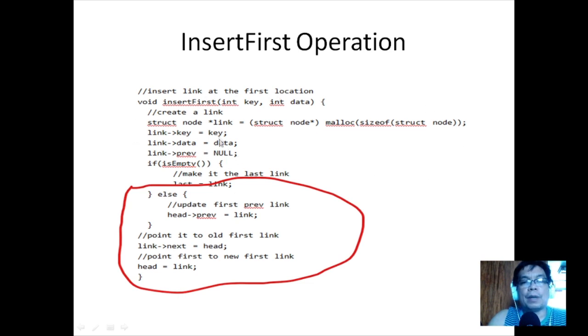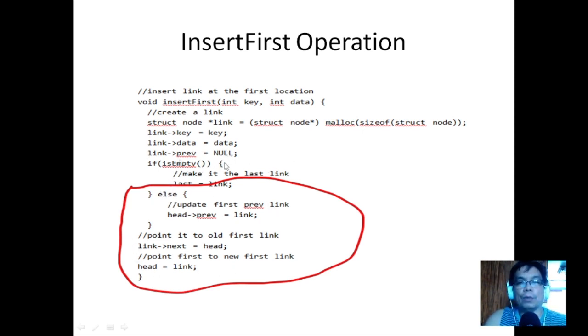On this first part, what we just did here is we actually created a blank link, by allocating memory for that link, and then typecasting that memory into a node, equal to our node, our link. And then here we assign the data from our parameter, previous to null. Then if it is empty, last is equal to link, but we'll not be discussing that anymore. We have discussed that in our previous slide. So we'll be concentrating now on this part.